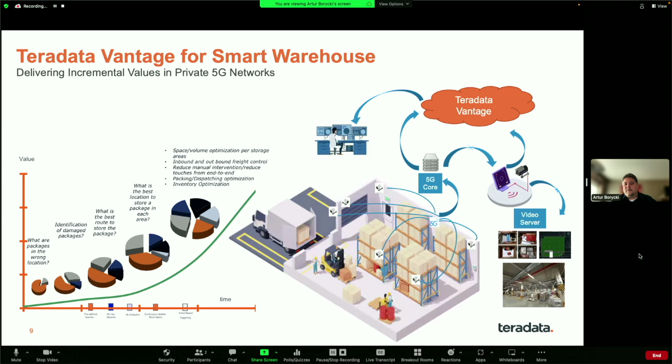You can also use the network to transfer the video feeds. So you can use AI and machine learning to identify where specific packages are located, where specific boxes are located, how they are moving, how the workforce is moving, and how I can optimize the location as well as the speed of getting to the right place.